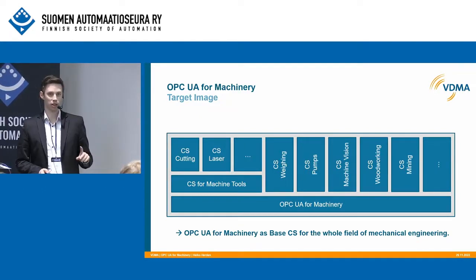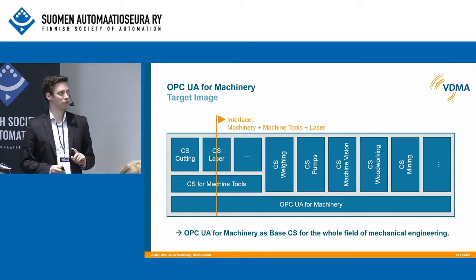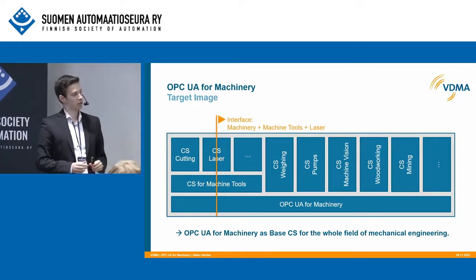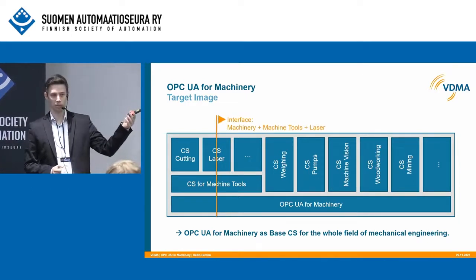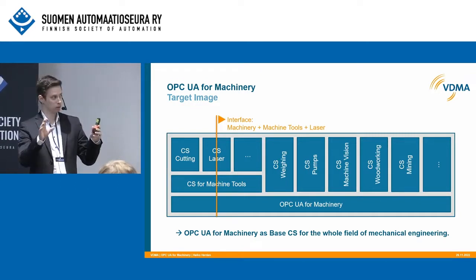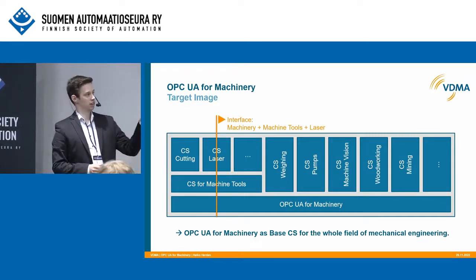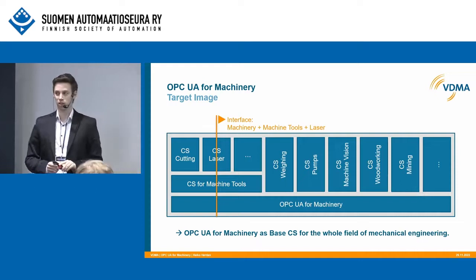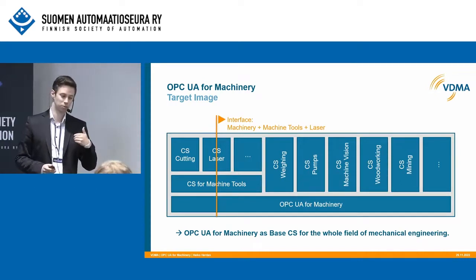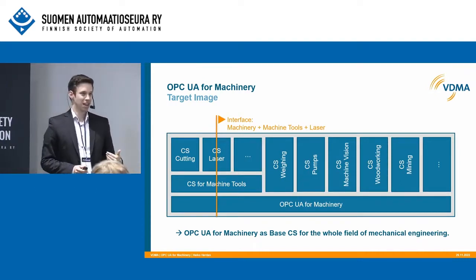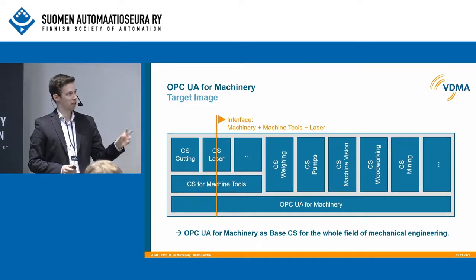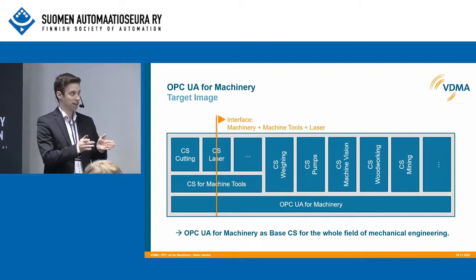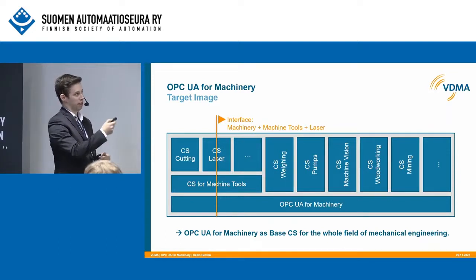So if I take a look at a specific interface, for example, of a laser machine, then I will find OPC UA for machinery building blocks for the very generic topics. I will find the companion specification for machine tools for the little bit more specified topics, and for the topics that are purely for lasers, so very laser specific, I will find the laser specification.